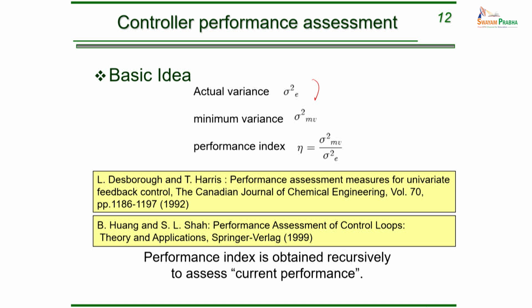It's not difficult to estimate the minimum possible variance, and the performance index then is the ratio of the minimum variance that can be achieved divided by the actual variance. So the performance index is obtained recursively, and we use that to design or to turn on our adaptive controller.